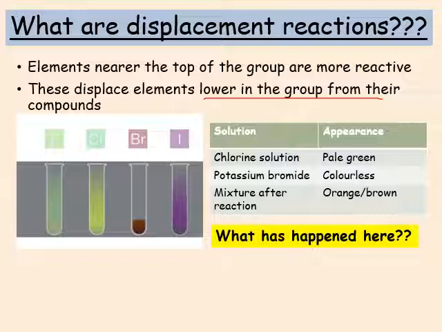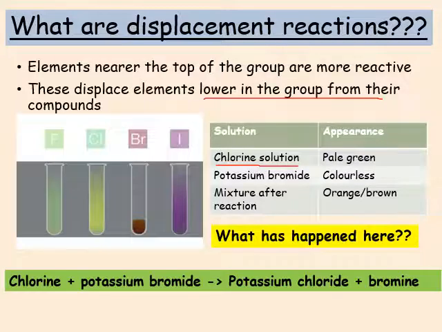So here, what has happened? What we're saying here is a chlorine solution is pale green. Potassium bromide is colourless, but when we put them together, the mixture turns orange/brown.